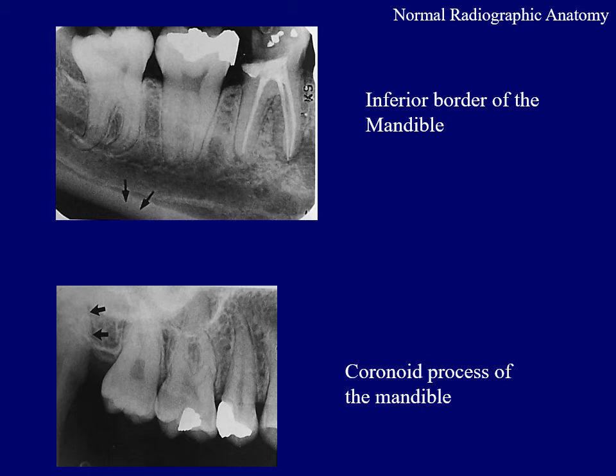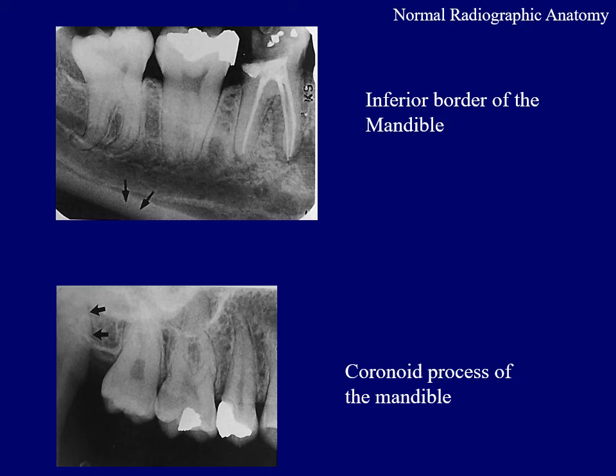The next normal anatomical landmark of the mandible is the coronoid process of the mandible, as seen in the lower image with the black arrows. This coronoid process is frequently seen on IOPAs of maxillary molars, not on mandibular IOPAs.